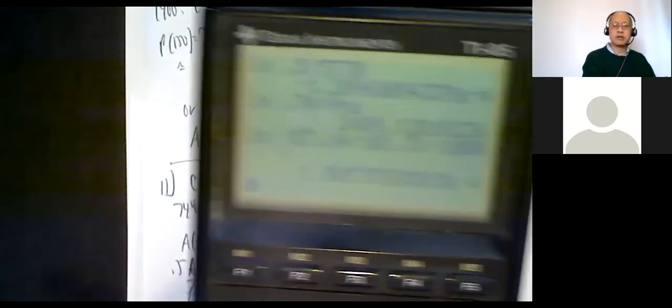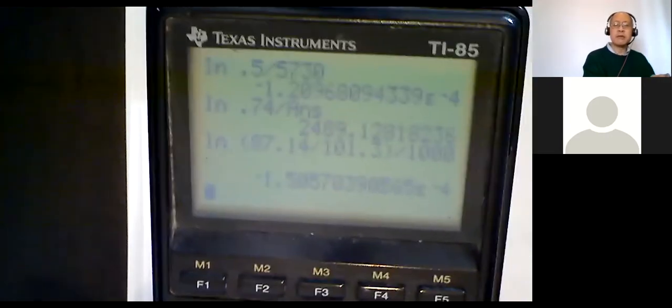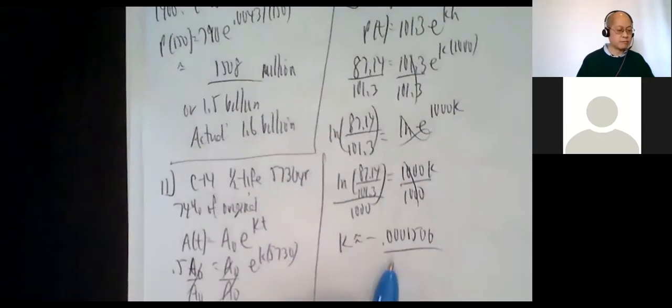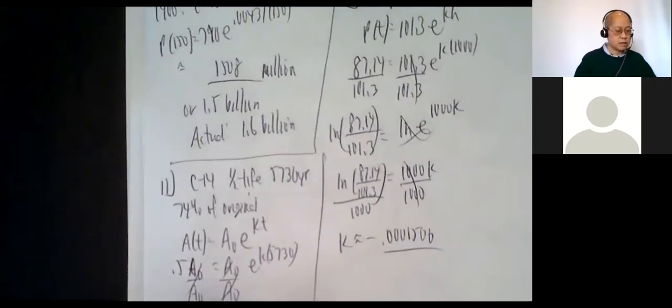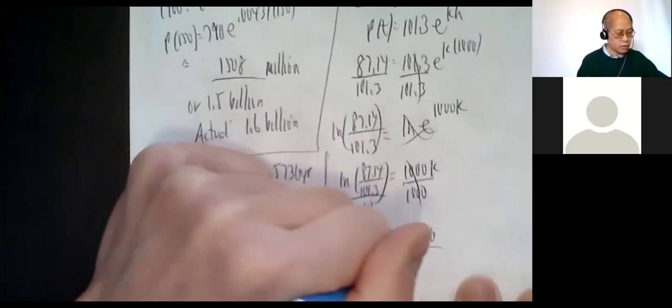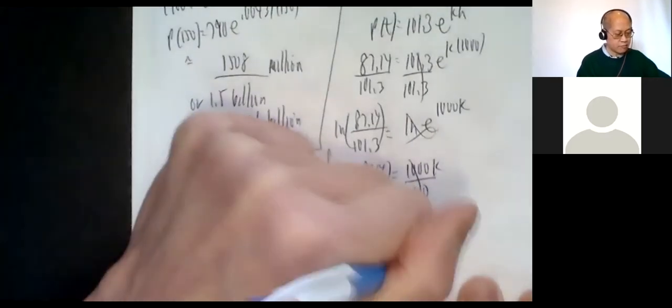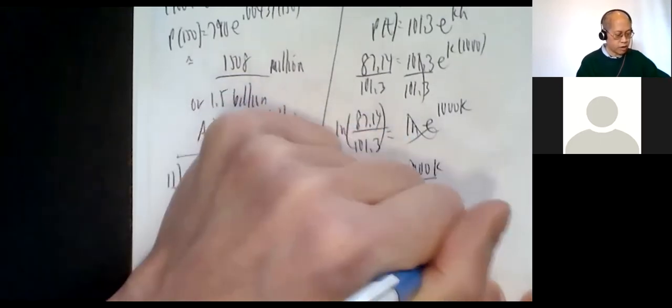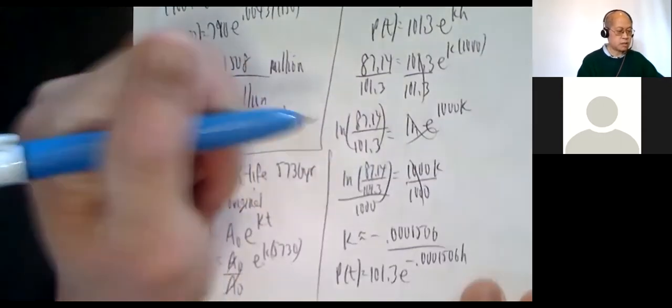Again, the calculator might give it to you in scientific notation. The e minus 4 means times 10 to the negative 4, or move back 4 spaces. So P of h is 101.3 e to the negative 0.0001506h.